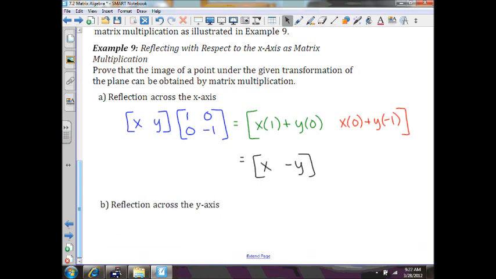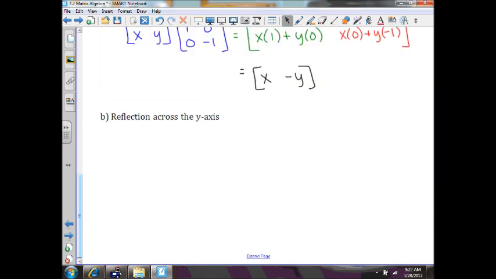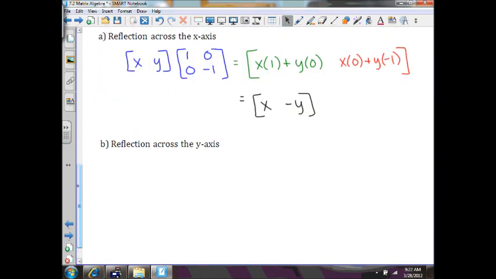Now also, we can prove a reflection across the y-axis. Again, much the same way. We'll take our point x, y. We're going to multiply it by negative 1, 0, 0, 1. So when we do that, we've got a 1 by 2 by 2 by 2, so therefore it will work.